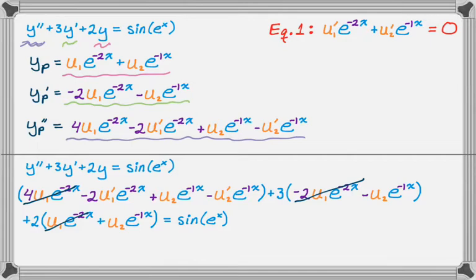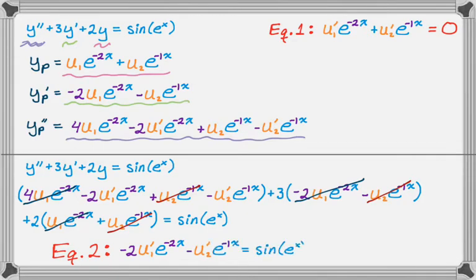If you look at all the u2 e to the negative x terms, we have 1 of them, then negative 3 of them, and then 2 of them. So all of those are also going to cancel. And then we're just left with our second equation. So our second equation is negative 2 u1 prime e to the negative 2x minus u2 prime e to the negative x is equal to sine of e to the x.